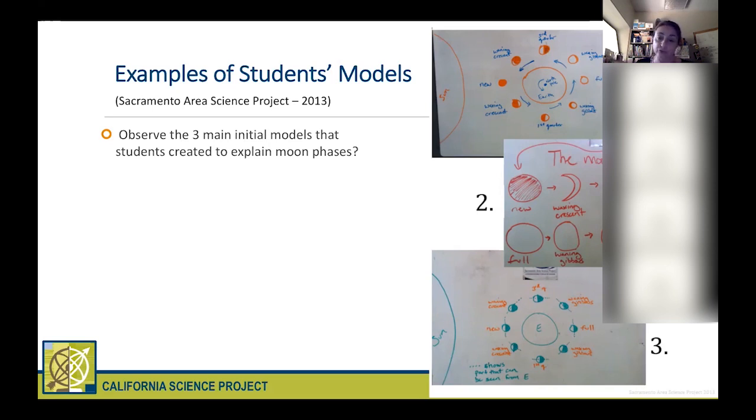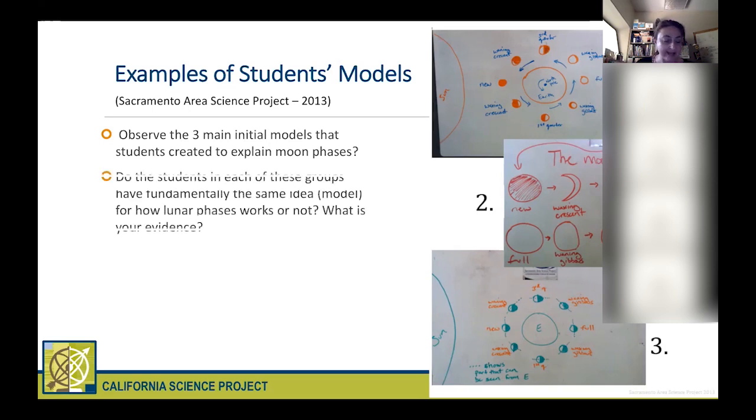So I would like you to look at these images, and I would like you to think about whether the students in each of these groups have the same ideas or different ideas about how the moon phases work?